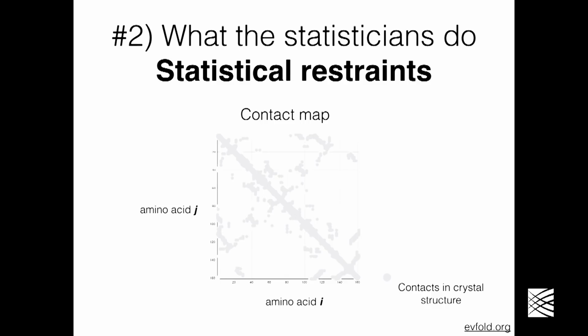So I'm loosely describing this as statistical restraints, but one of the dominant methods here are the methods based on the notion of coevolution. So the idea is that if you look at sequence variation, so you have many copies of a protein that you find across genomes, and you now ask the question the right kind of way of which columns of this multiple sequence alignment are covariant with each other.